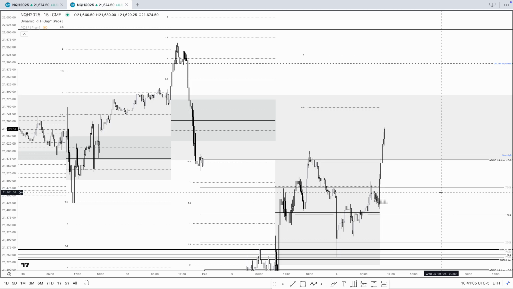Yeah, rebalanced price ranges are one of the best PD arrays. It's not my favorite, but the framework based on gaps on those arrays is just wonderful.